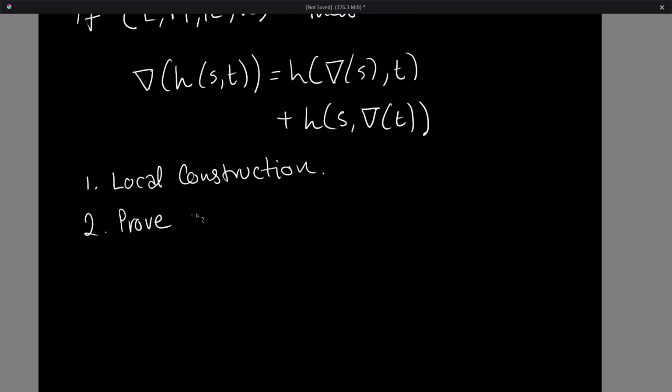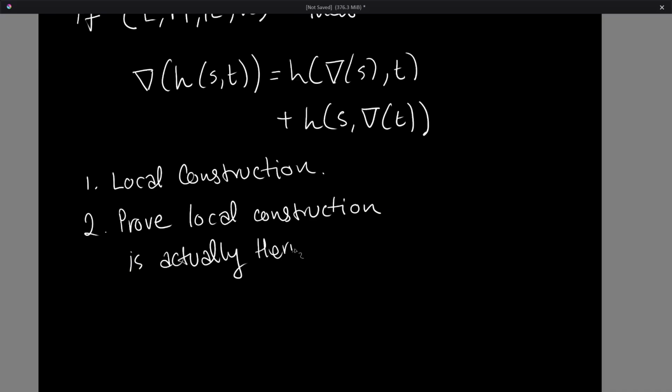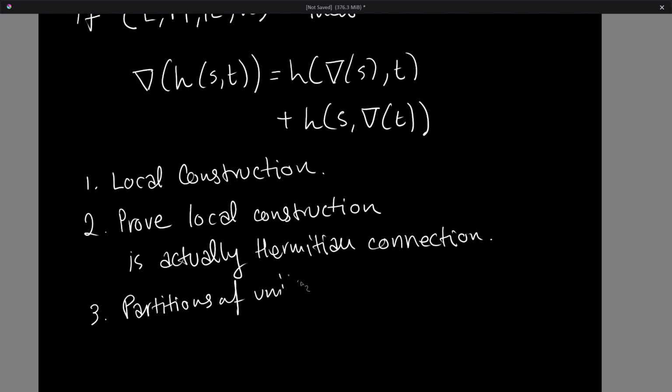But we have to prove that our local construction is actually a connection, or actually a Hermitian connection. We then do exactly the same thing. We use partitions of unity to patch them up.